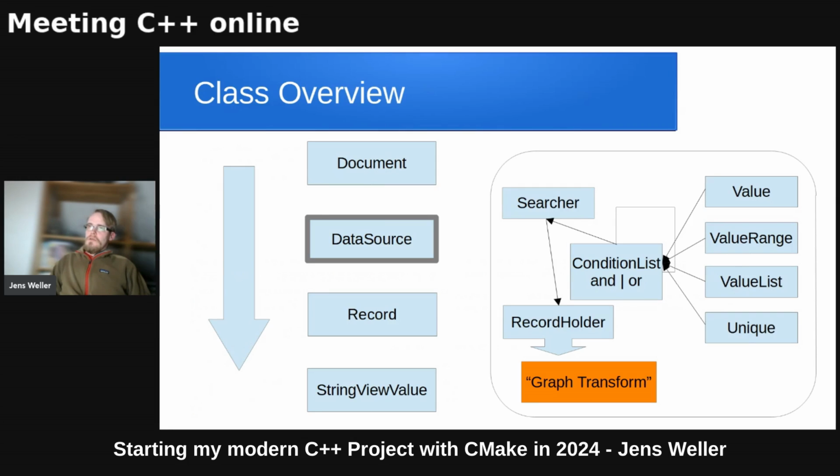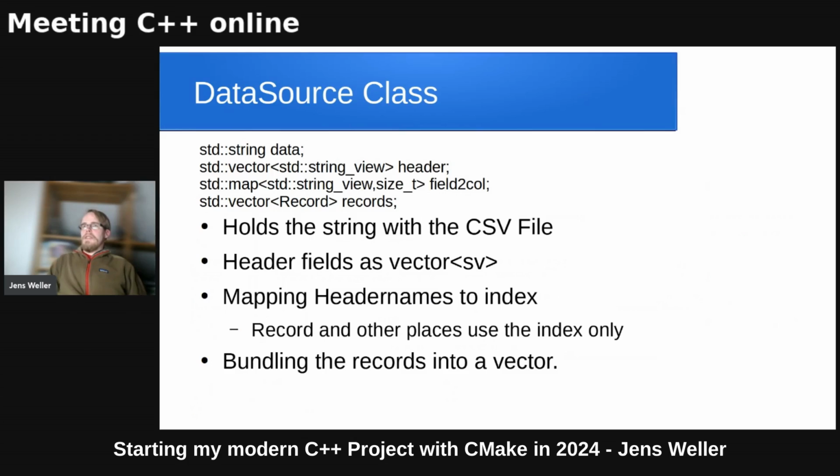Which already brings me to data source. The data source class contains the string which contains the actual file. That has a vector for the headers in a string view, a map of the field names to the index, and a vector of the records.